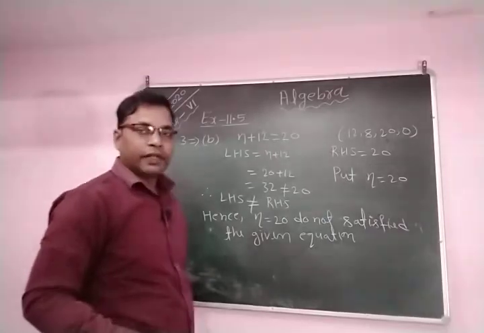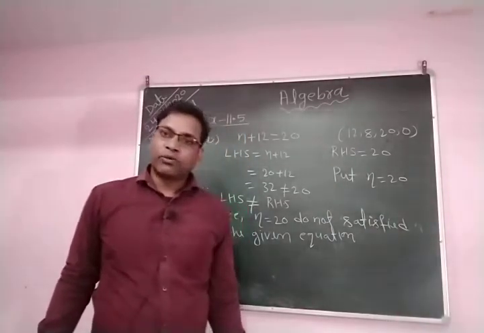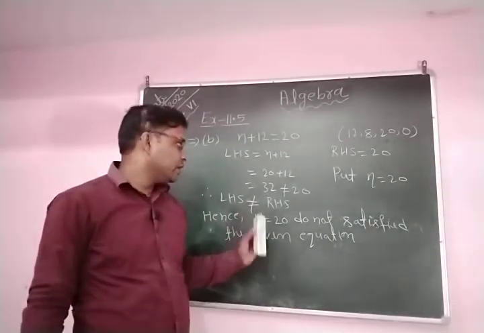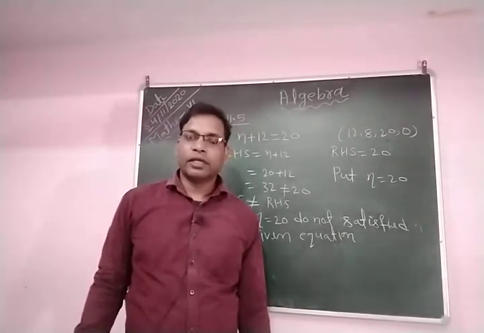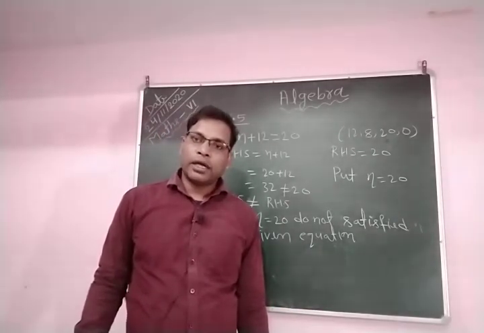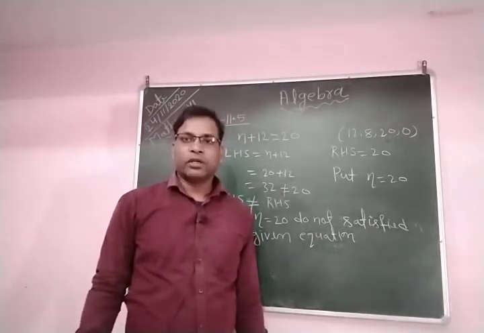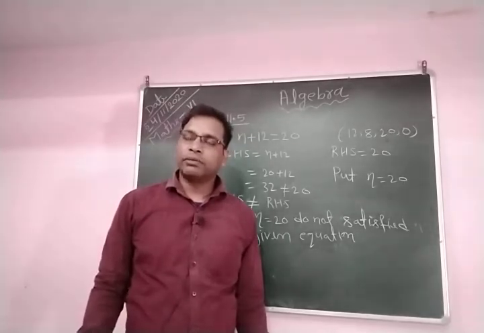Why does n is equal to 20 not satisfy the given equation? Because at this value n is equal to 20, we do not find the left hand side equal to the right hand side. All those values at which the left hand side is equal to the right hand side satisfy the equation, or you can say they are the solution of the given equation.